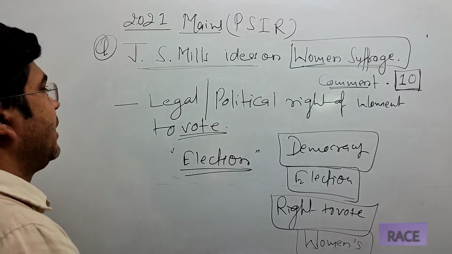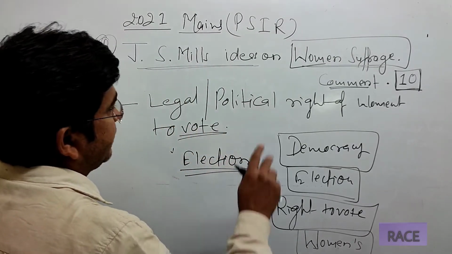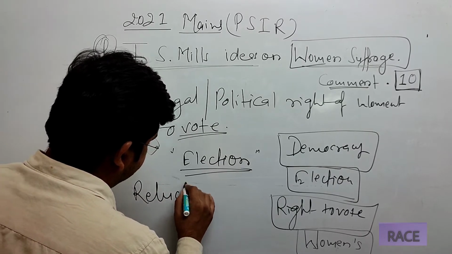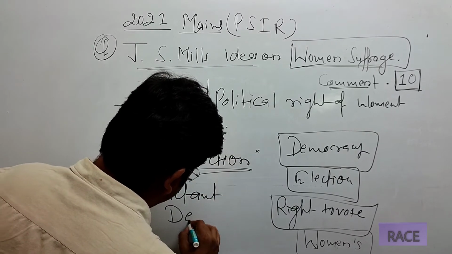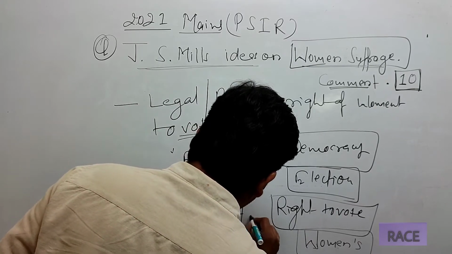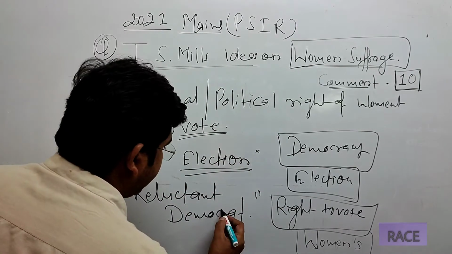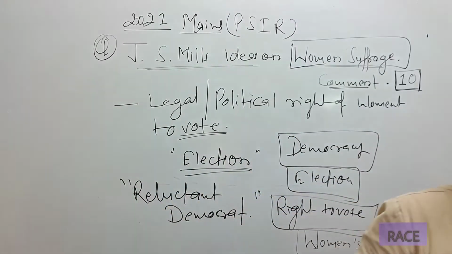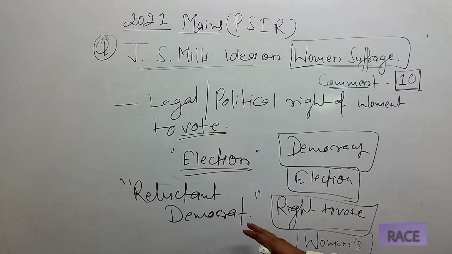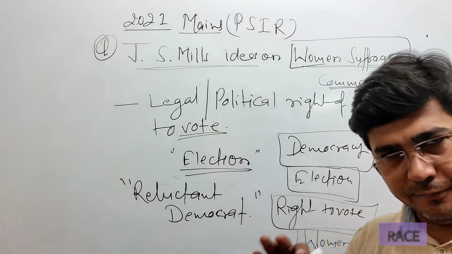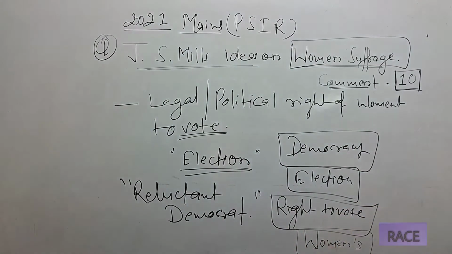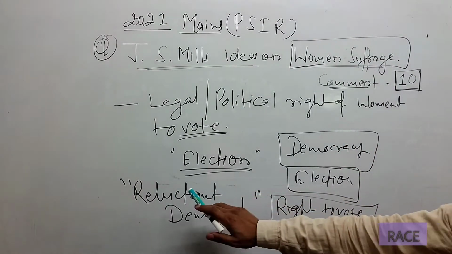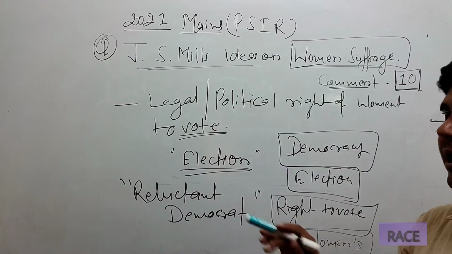We all know that J.S. Mill is termed as a reluctant Democrat. He is a liberal thinker, so of course he supports democracy and individualism, but the kind of democracy which was functioning during his time in England particularly, and France and the US at that time, J.S. Mill was not very happy with that.